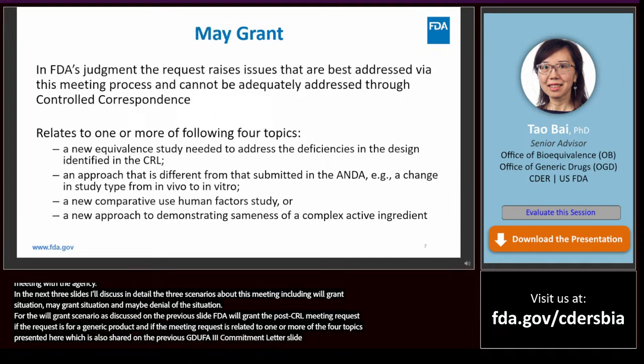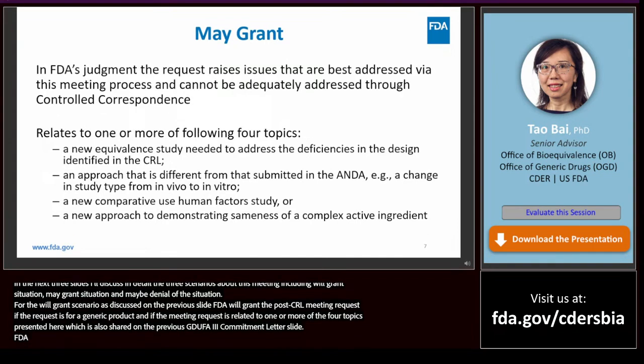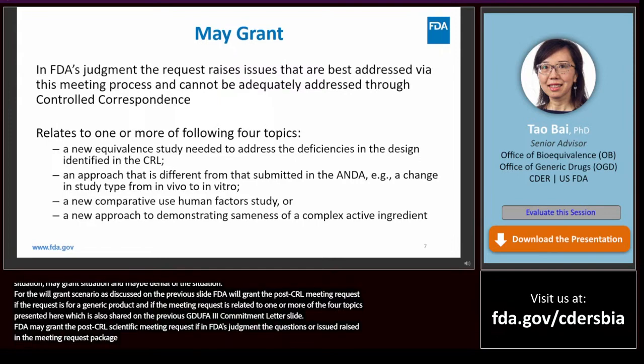FDA may grant the post-CRL scientific meeting request if in FDA's judgment, the questions or issues raised in the meeting request package are best addressed via the meeting process and cannot be adequately addressed through controlled correspondence.